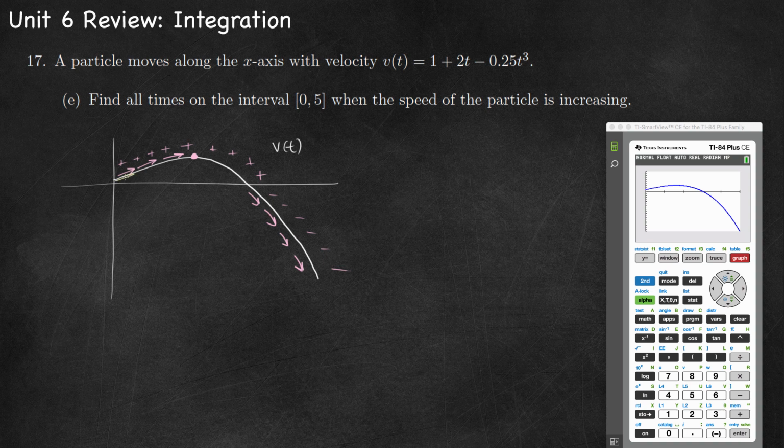So this part of the graph here represents speeding up. And then this part of the graph here also represents speeding up. When velocity is positive and increasing or negative and decreasing, then our particle is speeding up. So I need to find this value by the relative max, and I need to find this x-intercept.